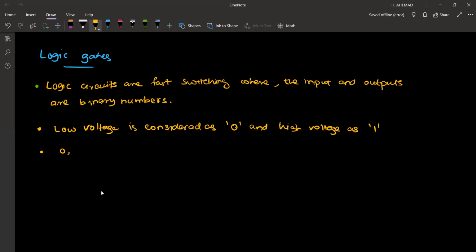The binary values, 0 and 1, are used for different logic levels or different logics.